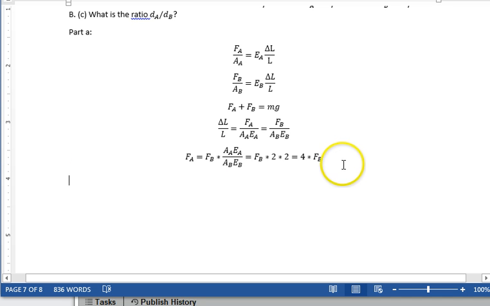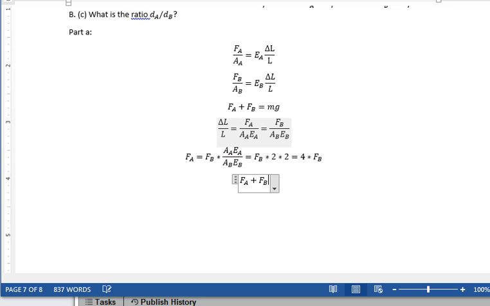Okay, we also have FA plus FB is mg, and if we look at the torque about the center of mass, we get FA times dA equals FB times dB, right? The torques are equal.